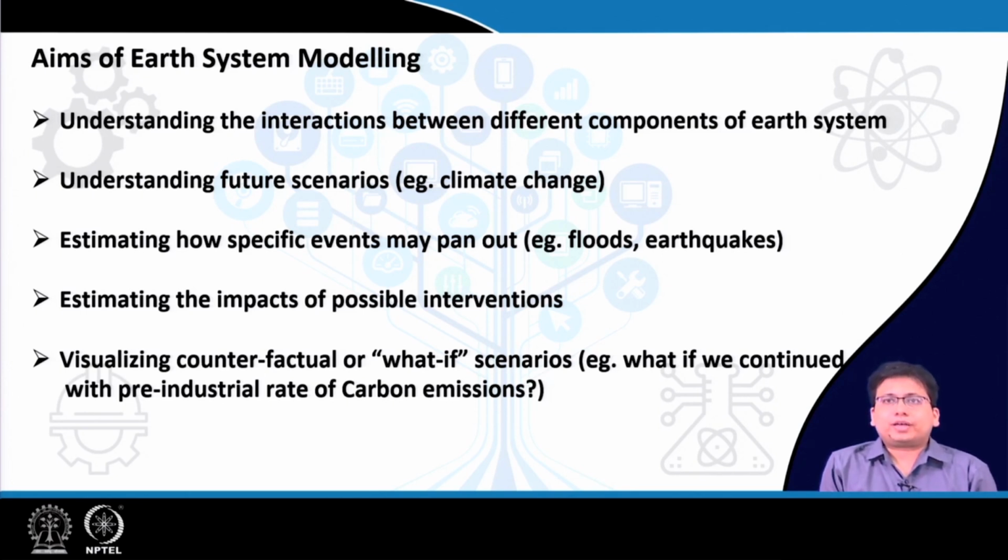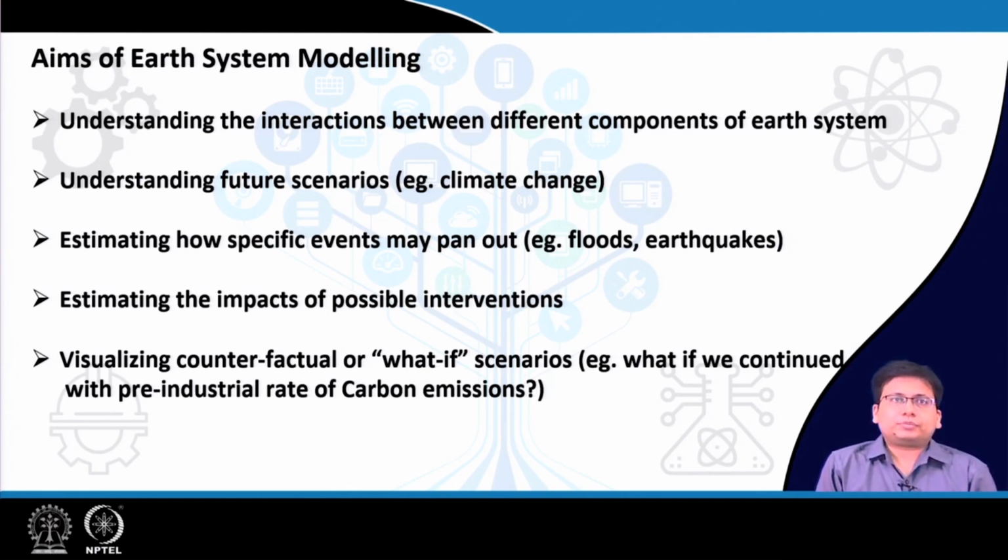Then in what ways can it move, which regions can it affect, at what speed may it make landfall, and how much damage can it cause? How much time can it possibly take to make landfall? So we can understand how a specific critical event like that may pan out, so that we can have some idea about how to plan for such an emergency.